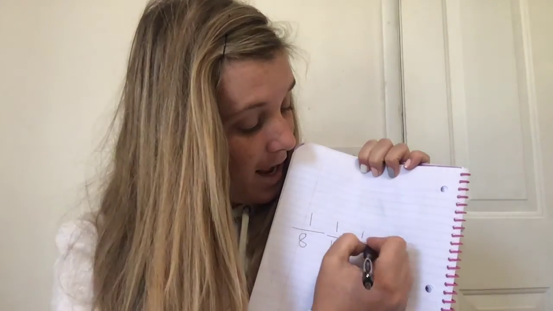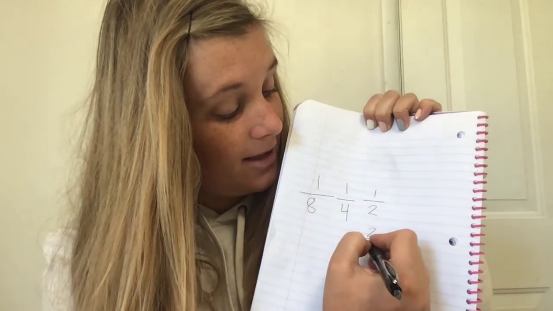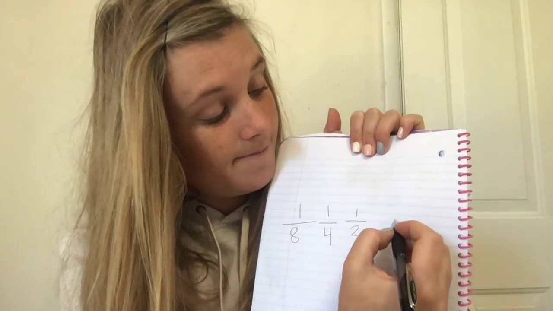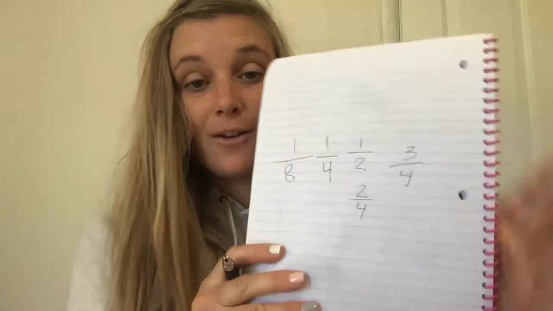So if we're going in order, smallest, a little bit bigger, 1/2 and 2/4 are the same, aren't they? And then which one is the biggest fraction that we did? 3/4, right? That was the biggest fraction that we did.